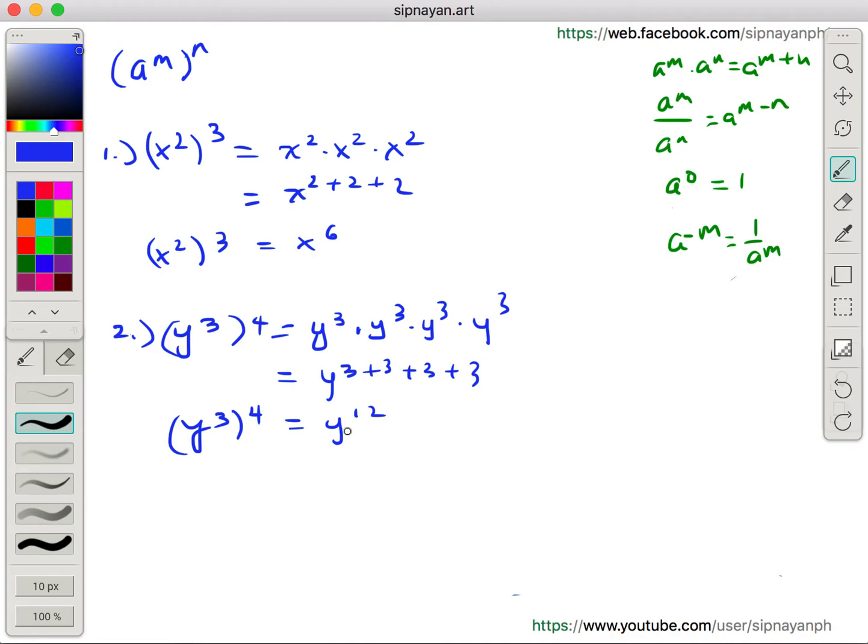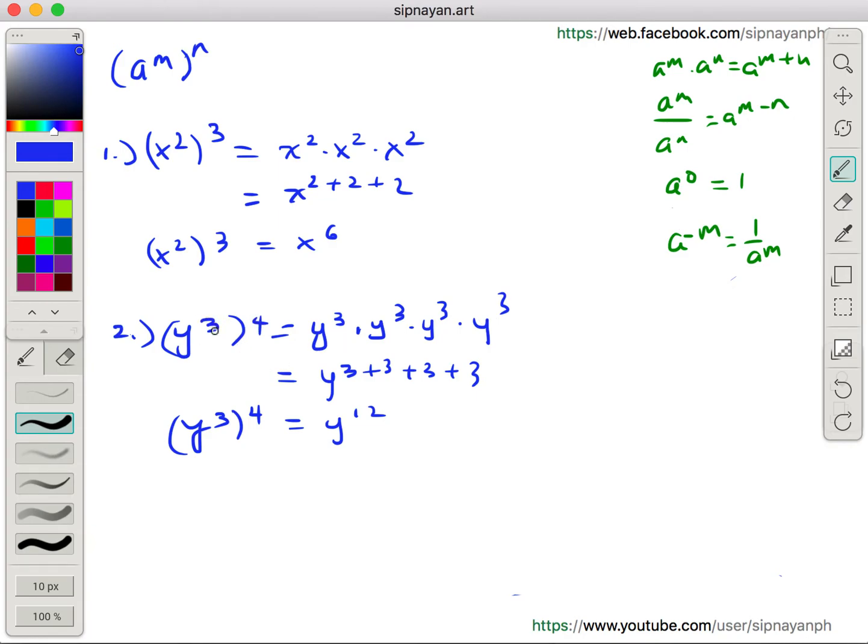And I think obvious na we are adding the exponents. And repeated addition ito. Ano nga ulit yung repeated addition? Di ba multiplication siya? So, actually, 2, 3 naging 6, 3, 4 naging 12. So, you're actually just multiplying the exponents kasi ina-add natin siya na number of times 4.